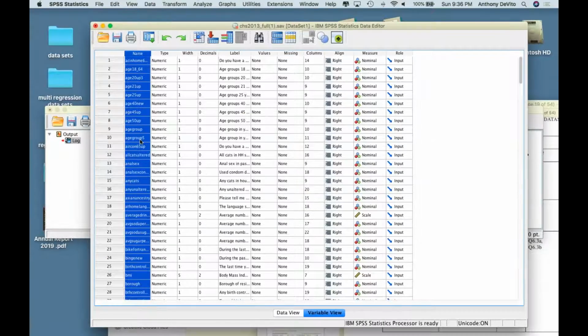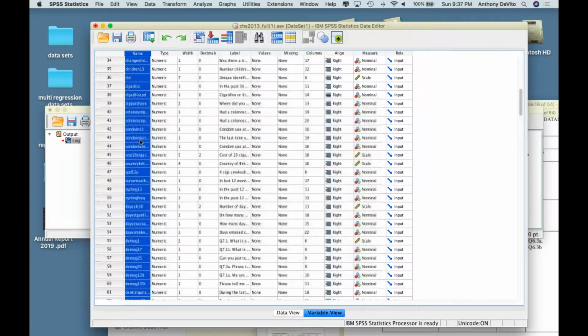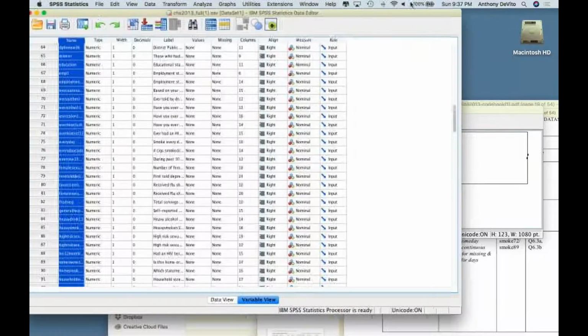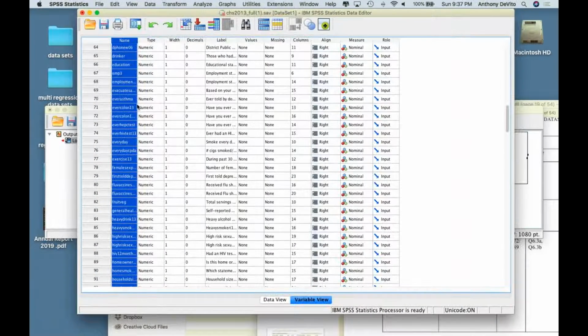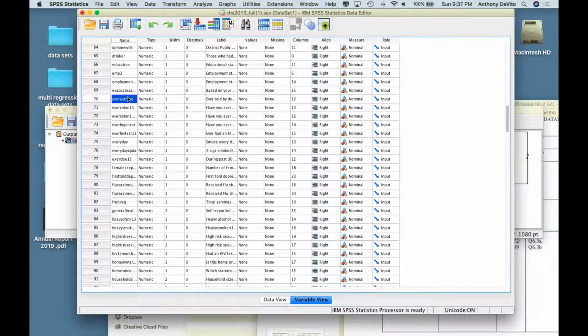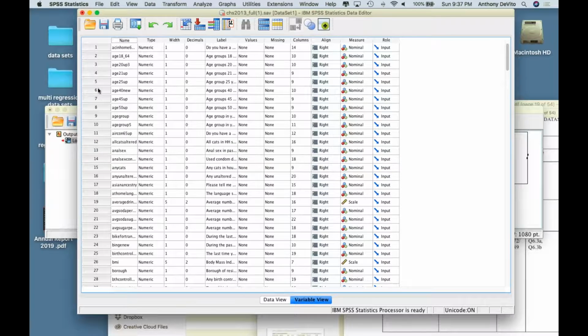The first one I'm looking for is ever asthma, and the other one is every day. Here's ever asthma, and every day is after that.